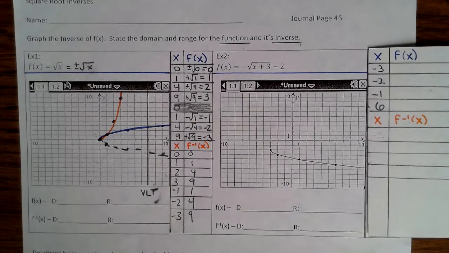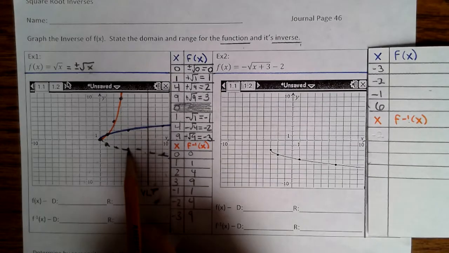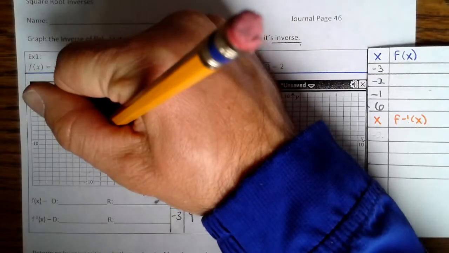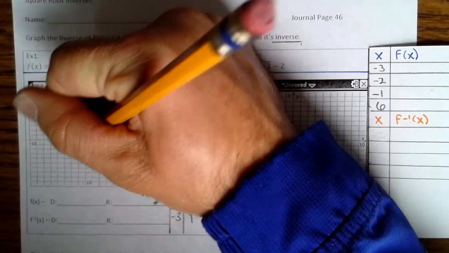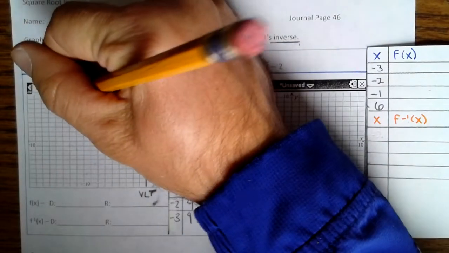But let's also include the portion that corresponds to the dashed line. So (-1, 1), (-2, 4), and (-3, 9). But again, that's dashed because that dash corresponds to that dash.